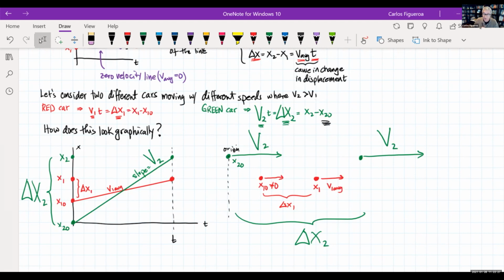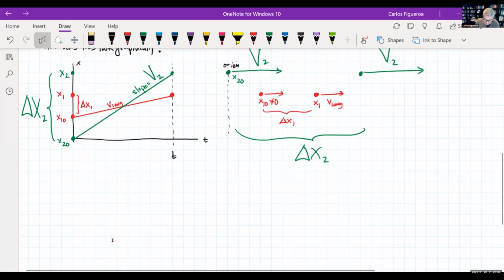So now the key points, if I was to just briefly summarize this thing, right? So in summary, clearly one point here, of course, is that x2 is greater than x1. The green car was traveling faster.